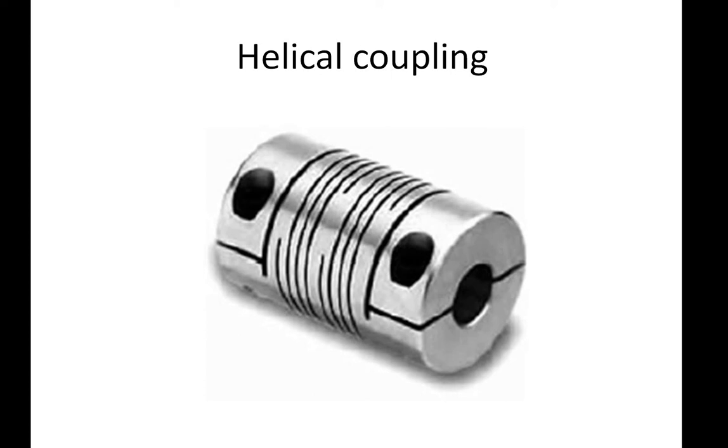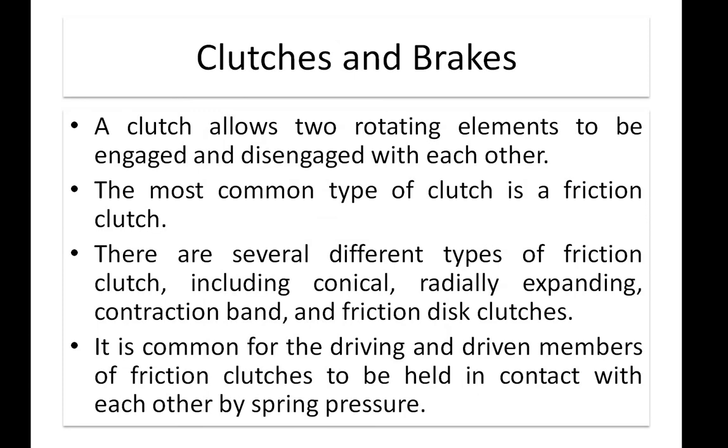Now let us see about the clutches and the brake. So these are the mechanical things. That's why I'm going slightly faster, because you all are maybe aware, because you all are mechanical engineers. So a clutch allows two rotating elements to be engaged and disengaged with each other.